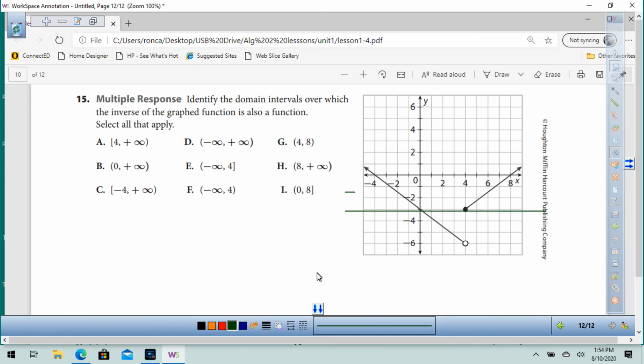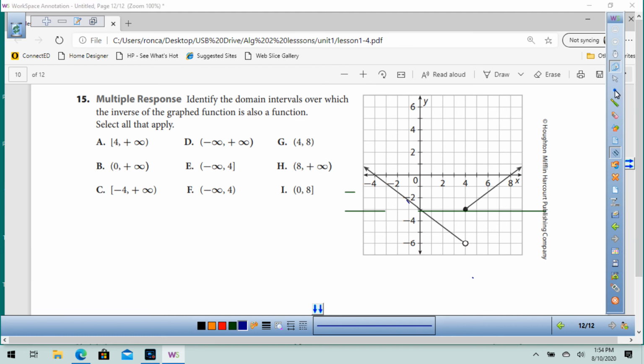Okay, so it looks like the only place it's going to work is from negative infinity to about -3, because the inverse of this would be something like right there. And this one would be up here somewhere. Yeah, so it's going to be about -3. Okay, and so what does that do for this?